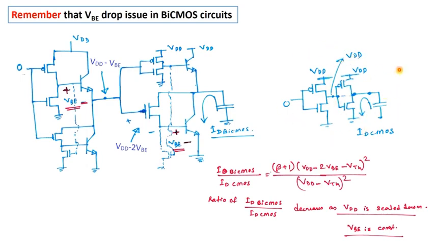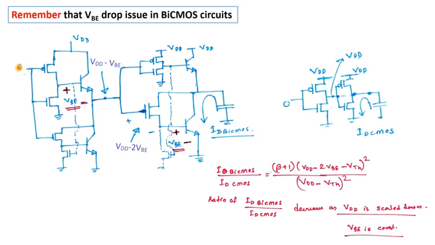This is the CMOS implementation of one inverter followed by another inverter, and the final one is driving the load capacitor CL, and this one is the representation while we use the BiCMOS logic family. So this is the BiCMOS inverter, and this is another BiCMOS inverter.